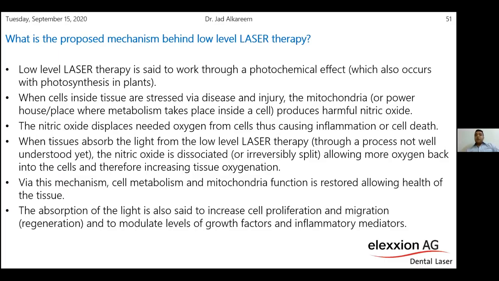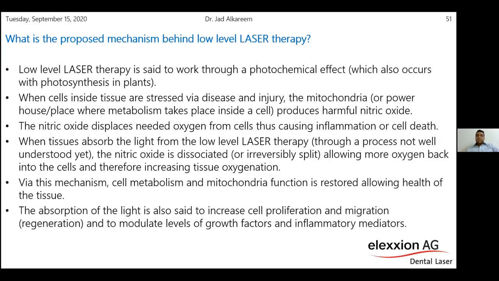When we have a higher level of nitric oxide, the cells will not be able to do their vital functions correctly. When the laser is absorbed by the cells, it will break down the nitric oxide, and the nitric oxide level will become normal.